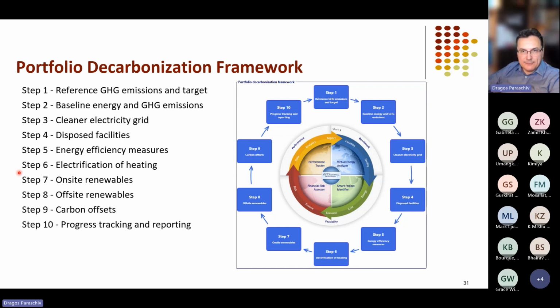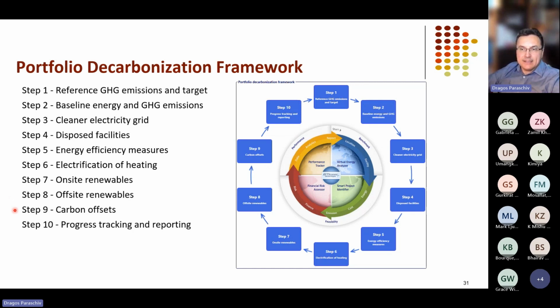And consistent with my first comment about conservation before generation, once we implement all those measures, we can look at generation on site. So on-site renewables would be the first choice. We can also look at off-site renewables. Some organizations may have potential for generating more electricity at one site, but then combine various sites together, net, you reach the target.